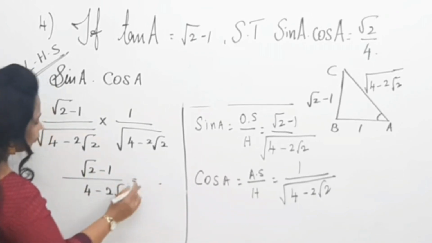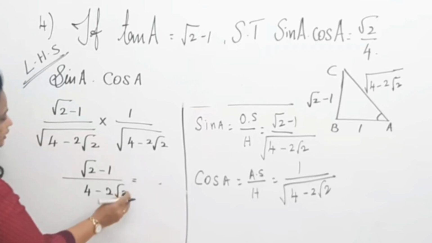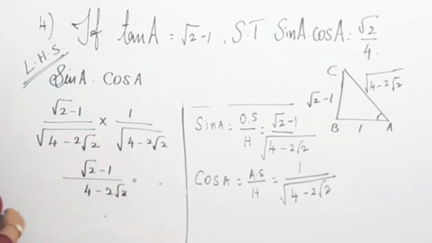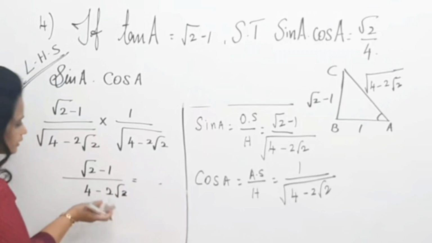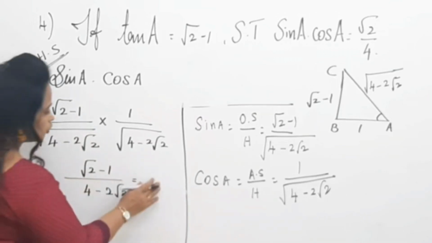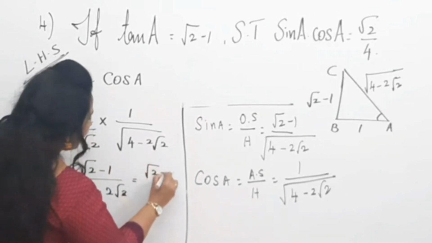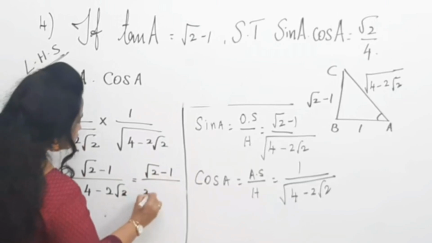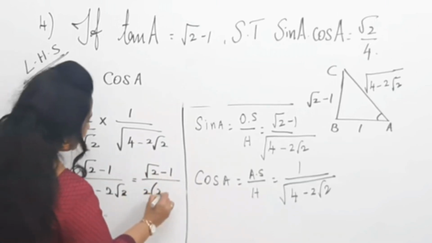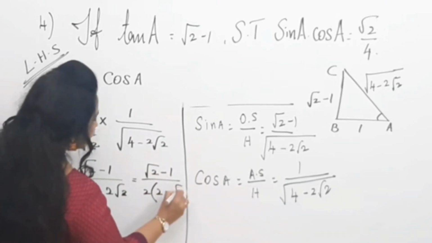You can see here the common term can be taken outside. So 2 is the common term. So let me take my 2 first. So root 2 minus 1 divided by 2 is taken out. So I'm left with 2 minus root 2.